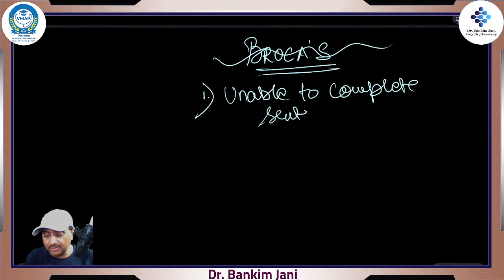Now see, neurology as such is not that complicated as it sounds, because step by step, if you keep on learning new things, and when I give you the patient's history, you'll automatically start telling, okay, could it be this, right? So this is an inability to complete a sentence.